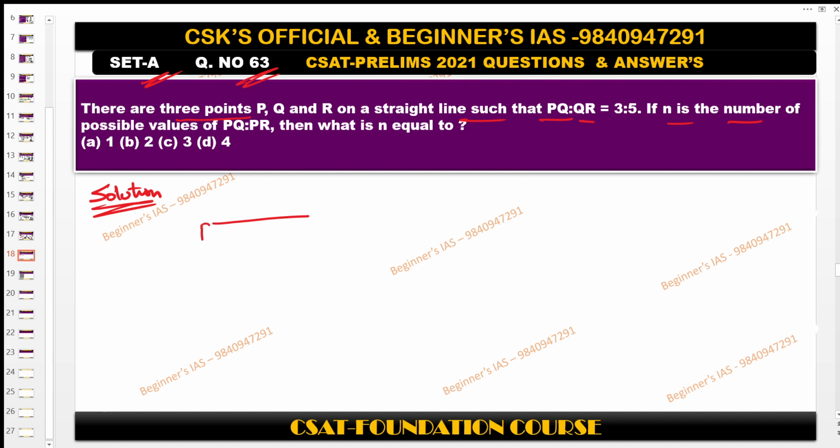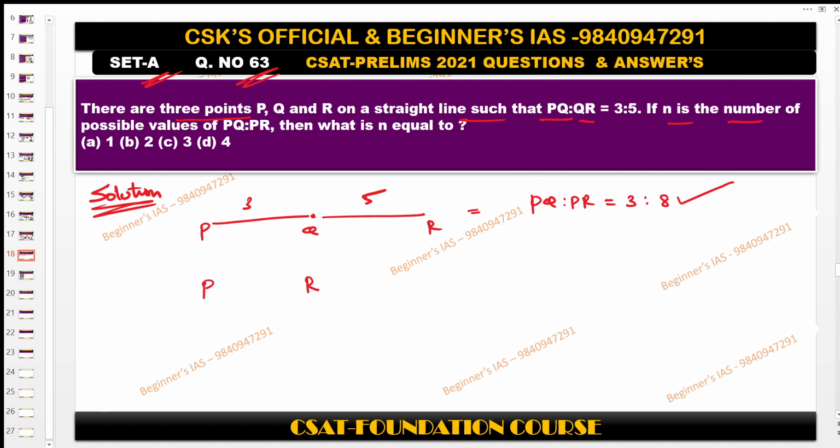So simply think here. Listen. This is PQ. Let us take R here. This is 3, 5. Then what is PQ is to PR? PQ is 3, PR is nothing but 8. Clear? This is one possibility.